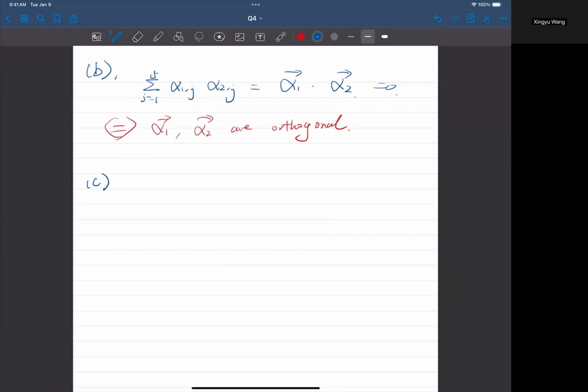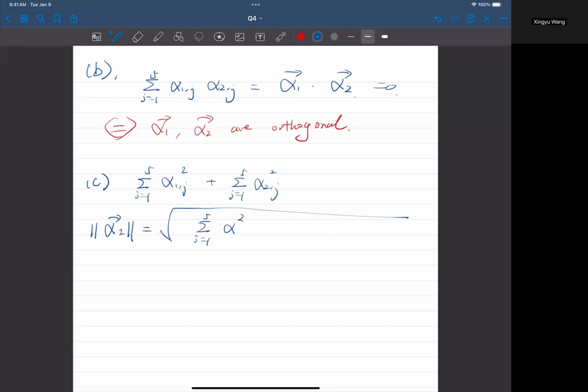All right, the last claim here is part C. Remember that the summation over j from 1 to 5 is of alpha 1j squared and alpha 2j squared. Note that the norm of each of these vectors is 1, and the definition of norm is the sum of the squared coordinates, with the square root taken.